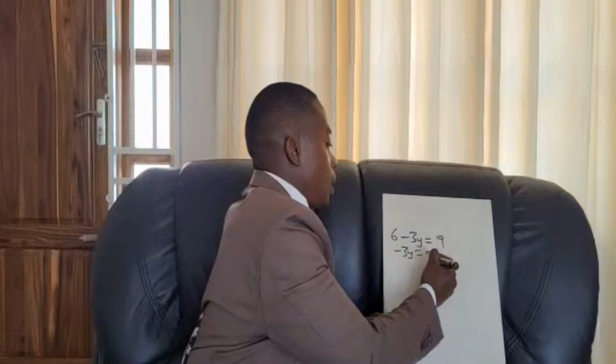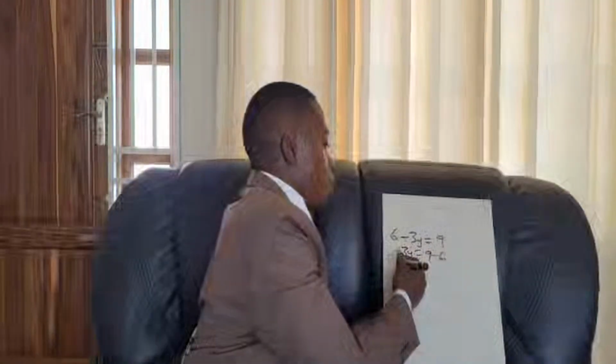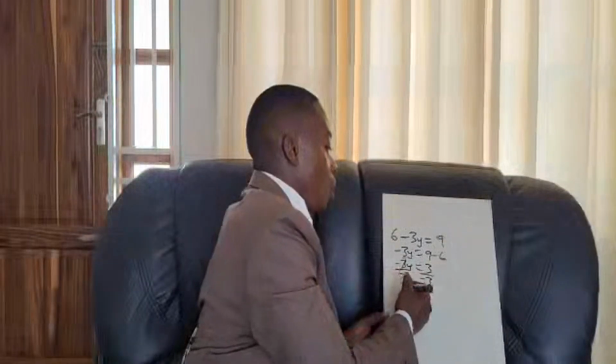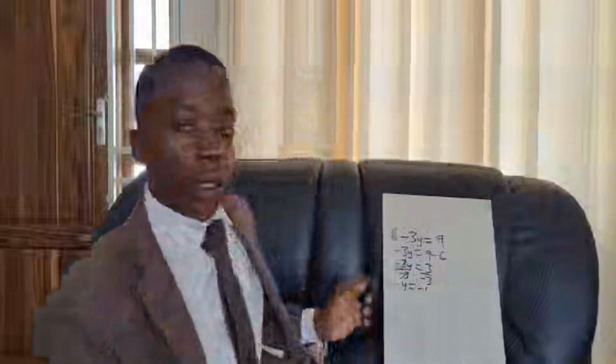Minus 3y equals 9 minus 6. So minus 3y equals 3. Therefore, dividing by minus 3, y equals minus 1.